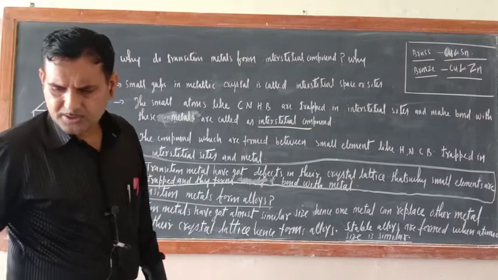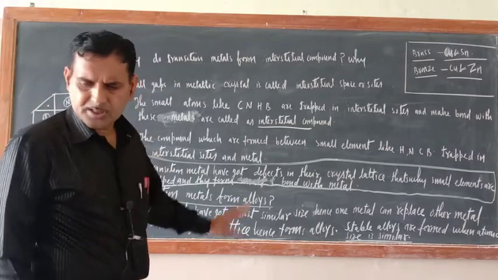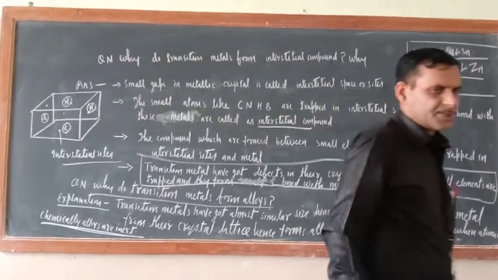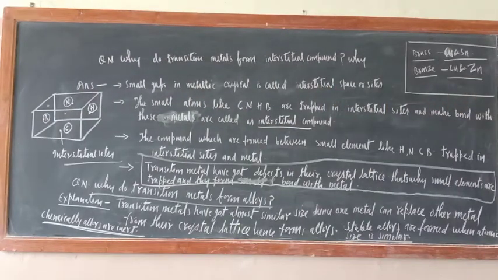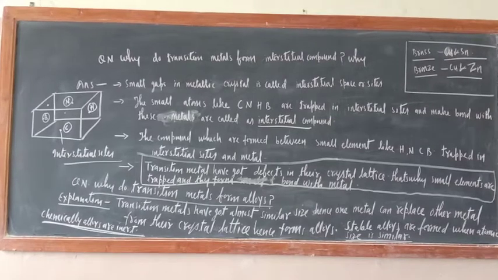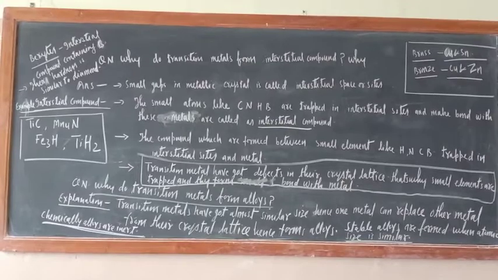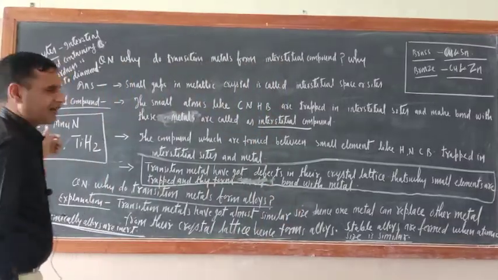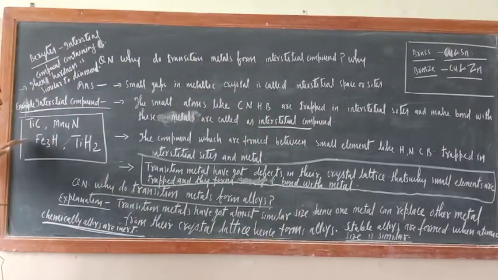So now this is almost coming to an end. As far as interstitial compounds are concerned, I will write some more examples. Some examples of interstitial compounds: just see, last year I taught you non-stoichiometric hydrides.